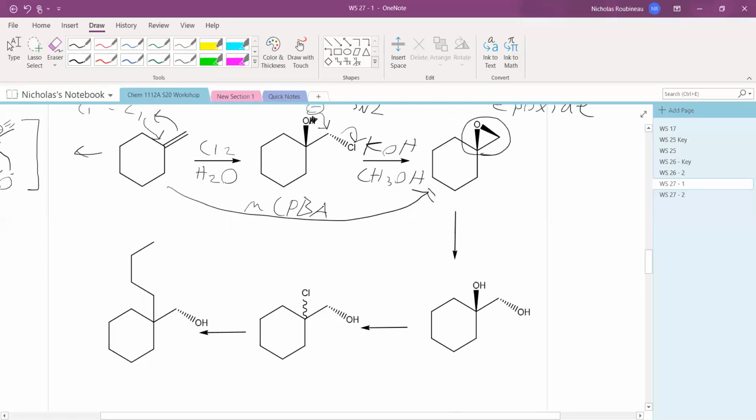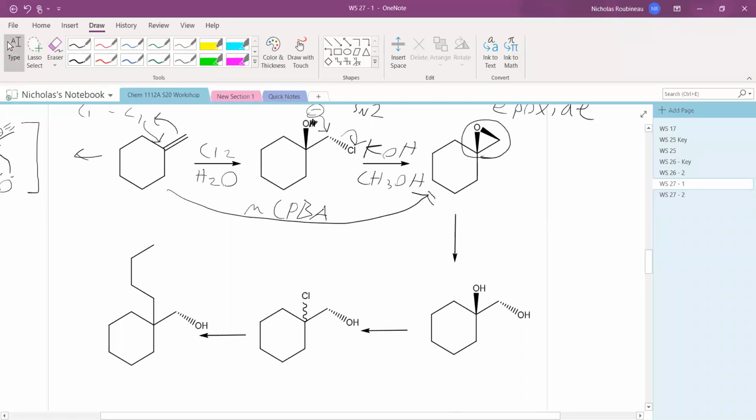Okay, so how can we go from this epoxide to the next product, this 1,2-diol? Yeah, oxymercuration. So that's a reaction we use to react with double bonds by themselves, and that adds one alcohol.